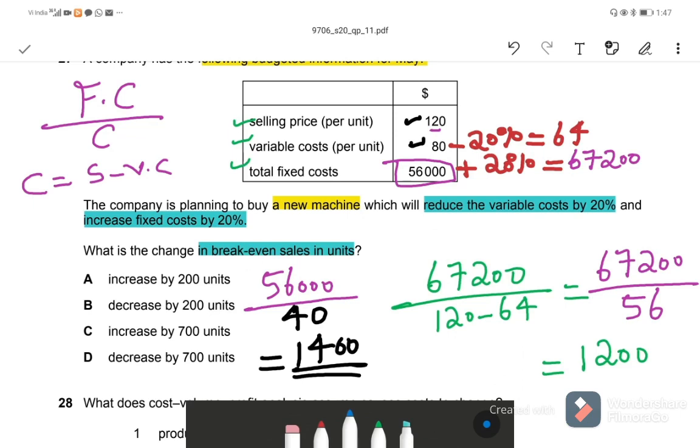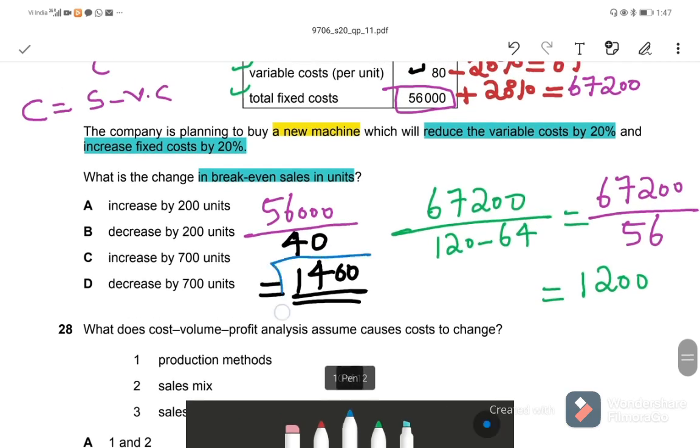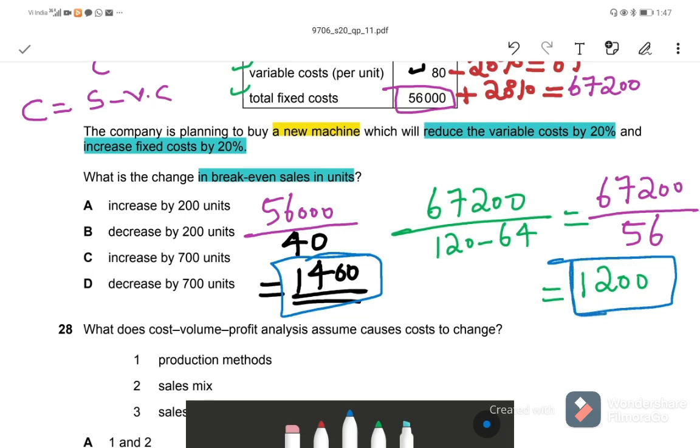Before, the break-even sales was 1,400. But the new break-even sales is 1,200. It has decreased from the old break-even sales: 1,400 minus 1,200 is 200 units decreased. So the correct answer is decrease by 200, B.